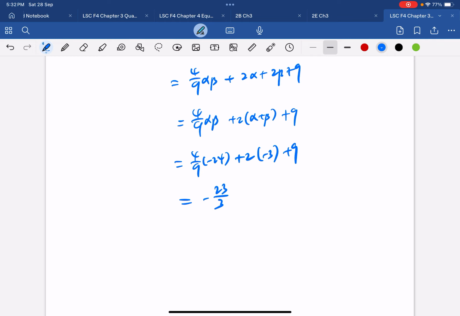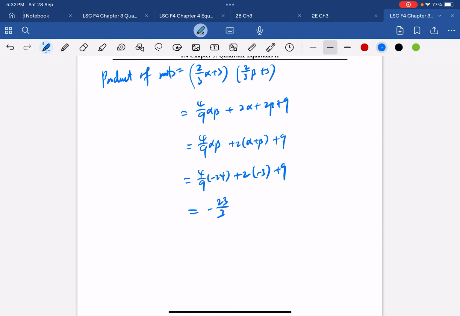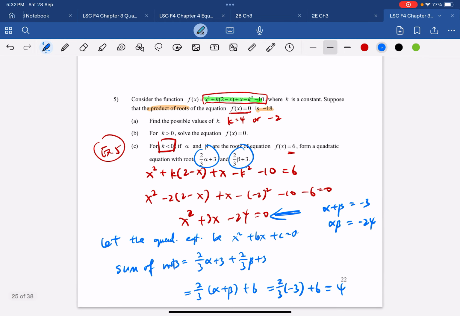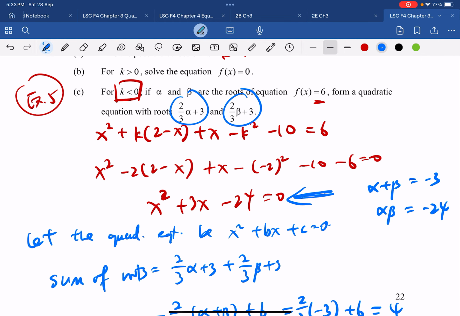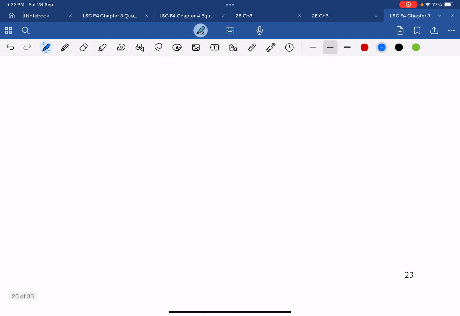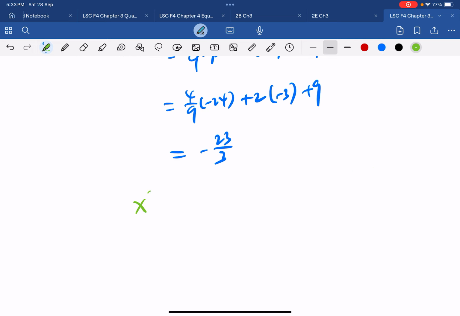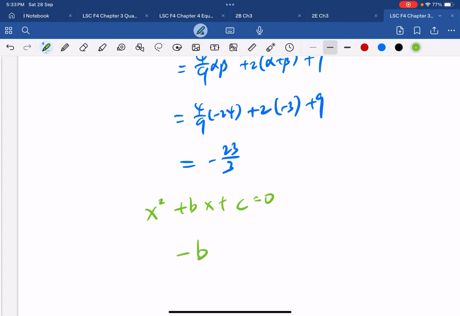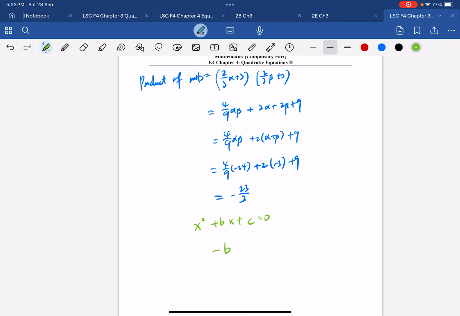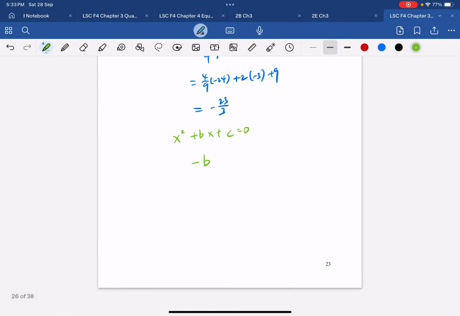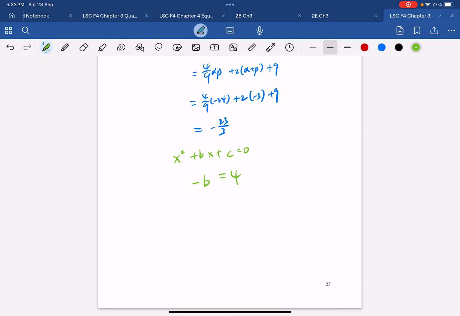So we have now found the sum of roots and product of roots for this x squared plus bx plus c equals 0. So let's see what happens. X squared plus bx plus c equals 0. Sum of roots is negative b divided by 1, which equals 4, because we found that the sum of roots is 4 previously, right? So it gives you b is negative 4.